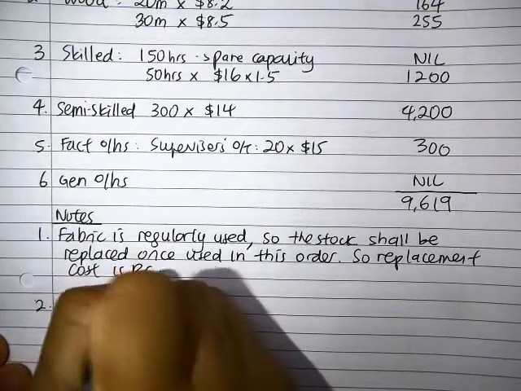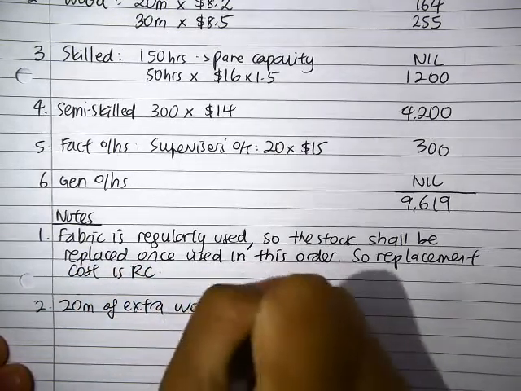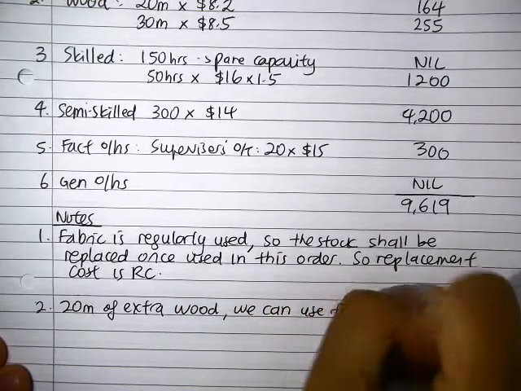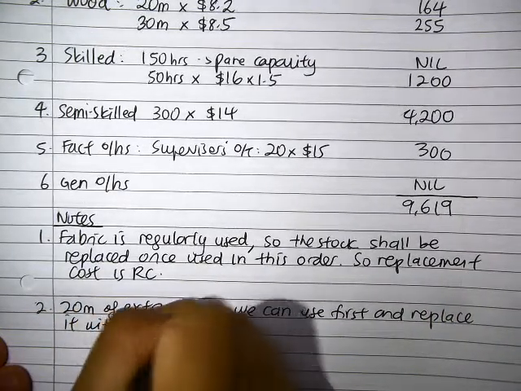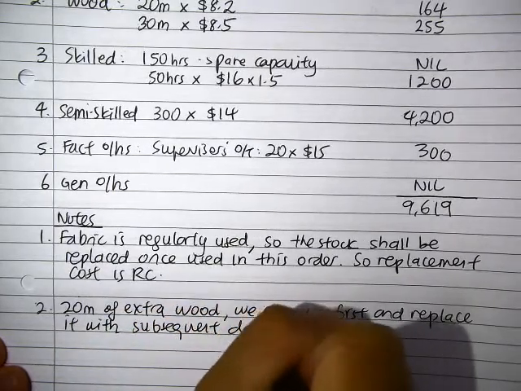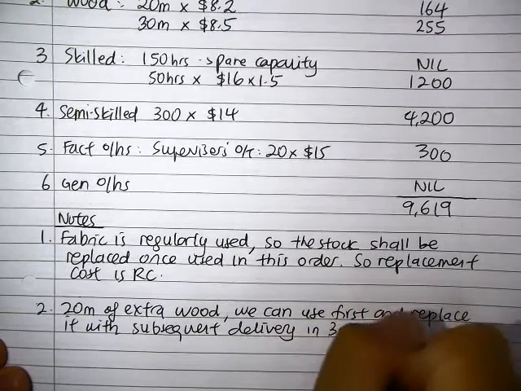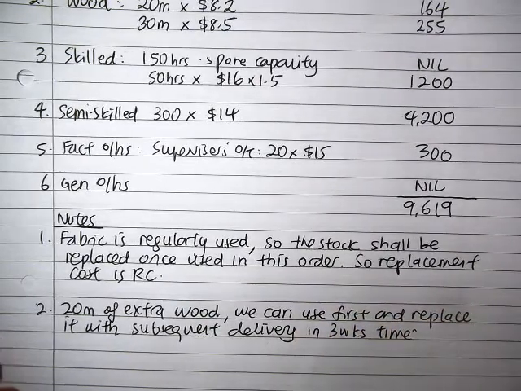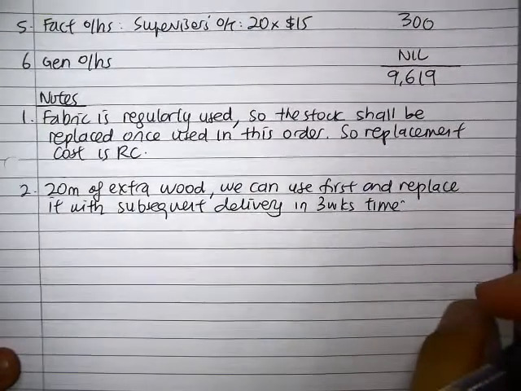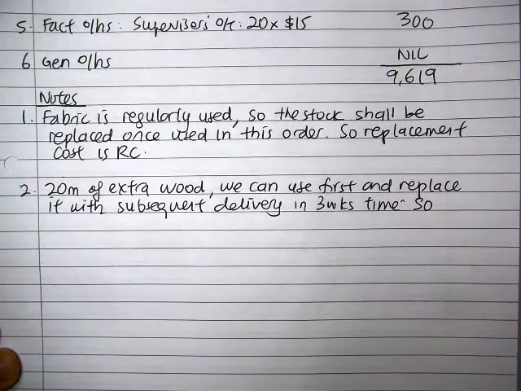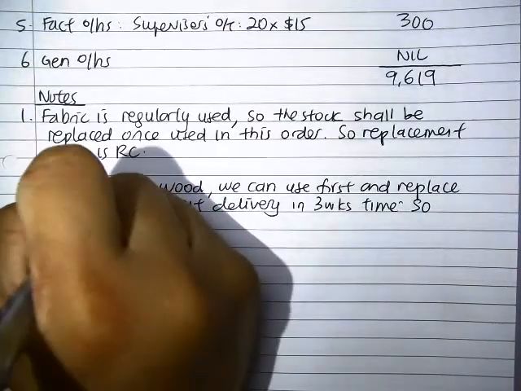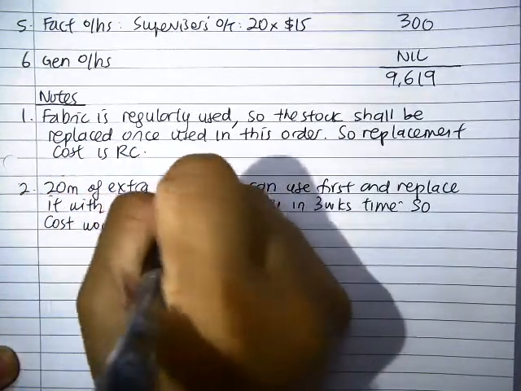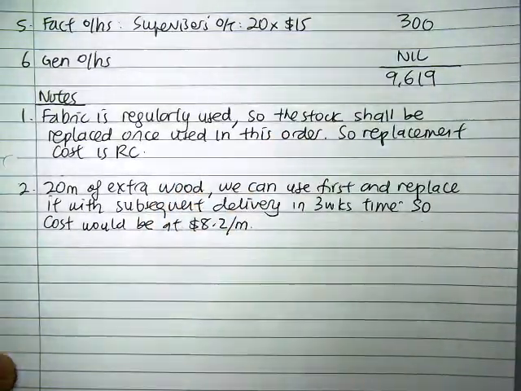The 20 meters of extra wood we can use first and replace with a subsequent delivery in 3 weeks' time. So the cost would be at 8.2 per meter.